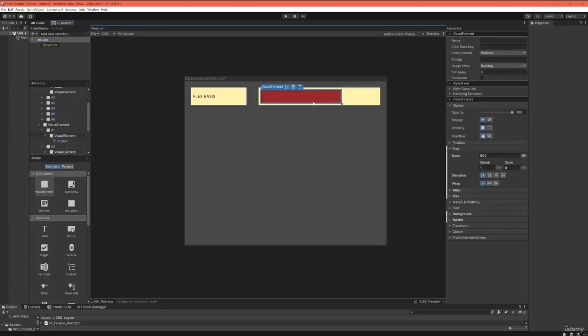Those are real 600 pixels. When we duplicate it, both of those elements are smaller than 600. So they still have 600 set as their basis, but they cannot reach this basis or this size because there's just not enough space in the container. So in that sense, it's useful to think about the basis as the ideal size along the main axis. So the size that the elements want to take.